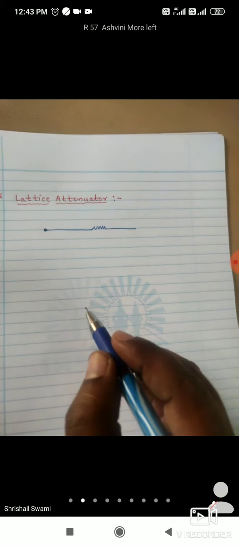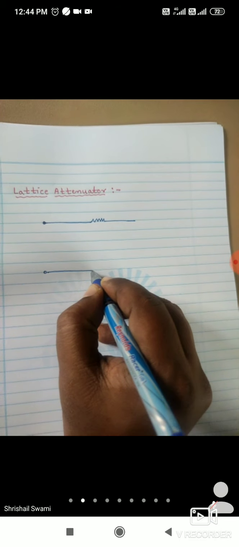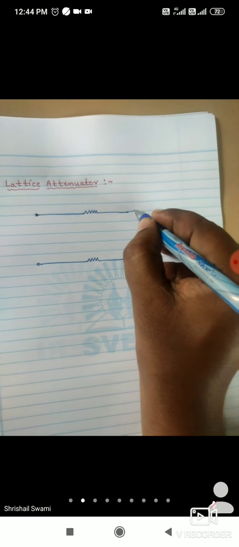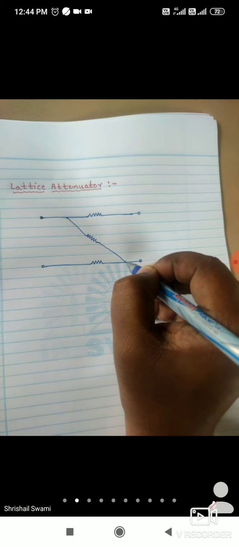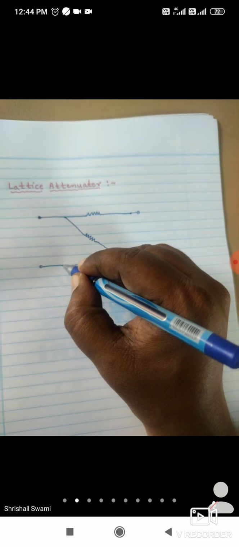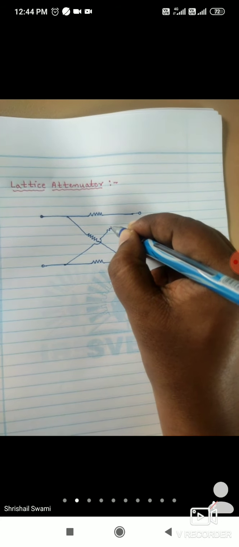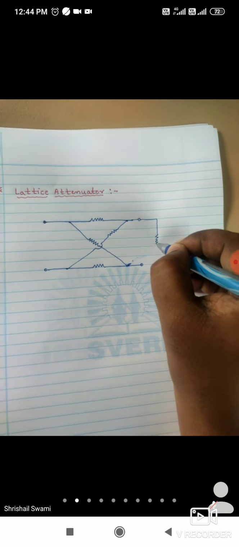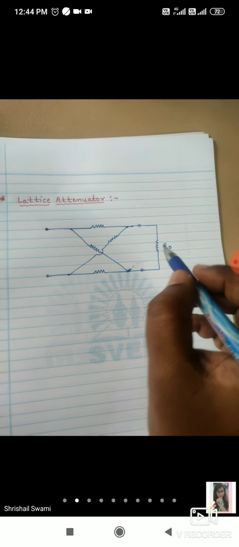Here the shunt arm will not be there. Instead of a shunt arm there will be a diagonal arm. So the diagonal arm is like this. At the second port, as usual, it is terminated with the characteristic impedance, load impedance, or design impedance R0.